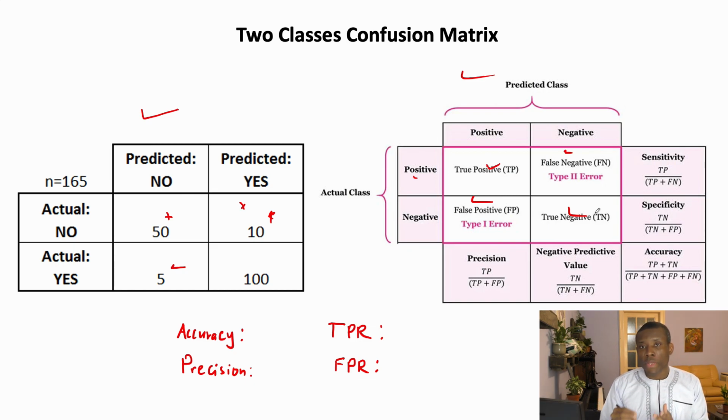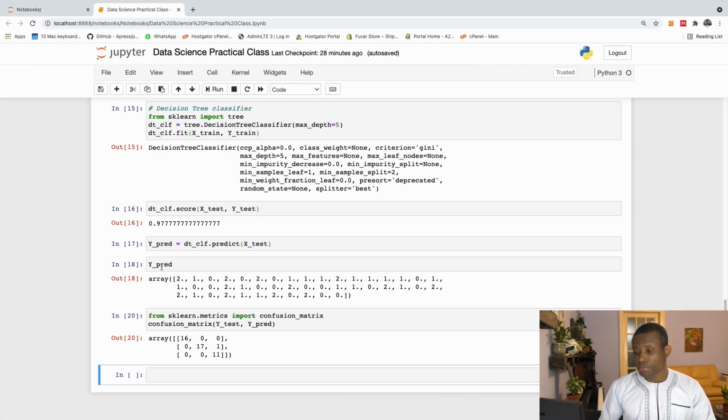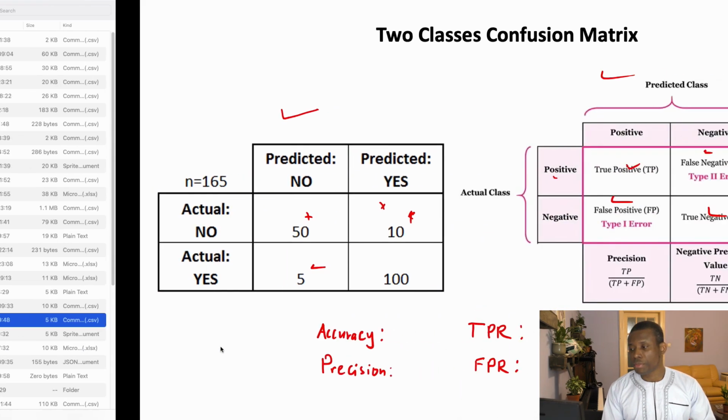Below we have type 1 error and above we have type 2 error. As much as possible, we want to avoid type 2 error. So if we go back to our display, we can see that we have an error here, more or less like a type 2 error, which is not so good.